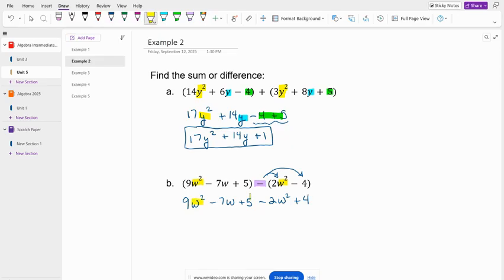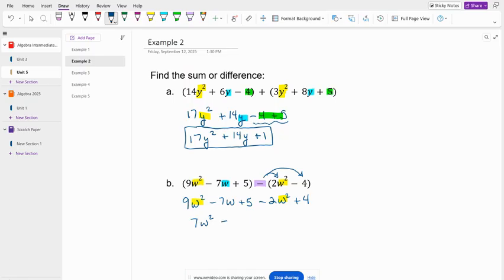Once again, we're looking for that w squared there. So we have 9w squared minus 2w squared, which is 7w squared. Then we have this 7w, and I look over to this second parentheses, and I do not see a w term, so I have nothing to combine there.